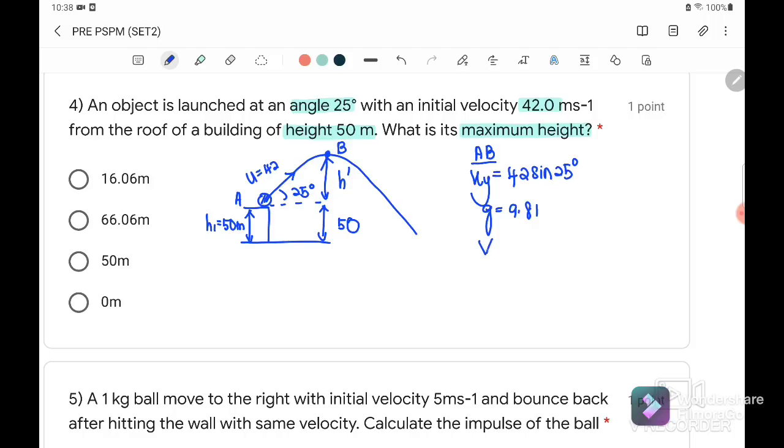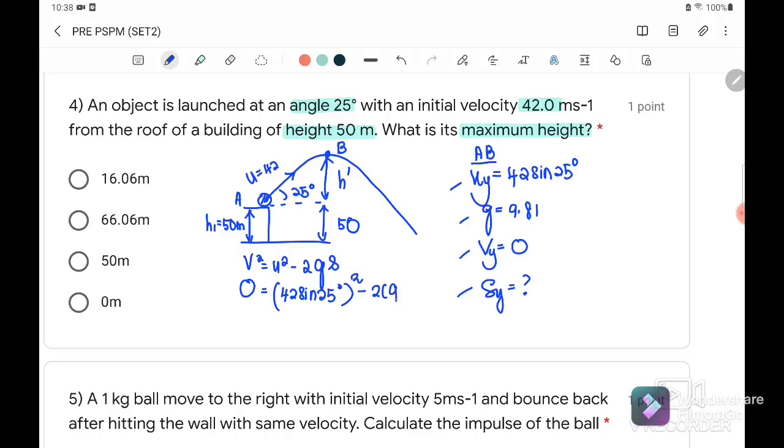At maximum height, the velocity is equal to 0. We want to find sy. Since we have u, g and v, we can use v squared equals u squared minus 2gs, where v is 0 and u is 42 sin 25 degrees.